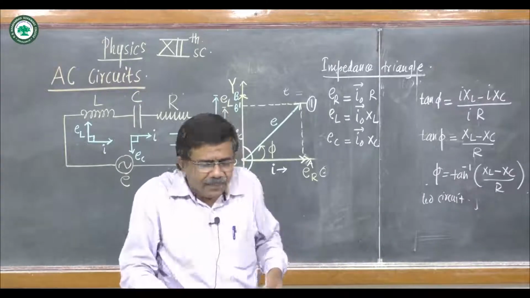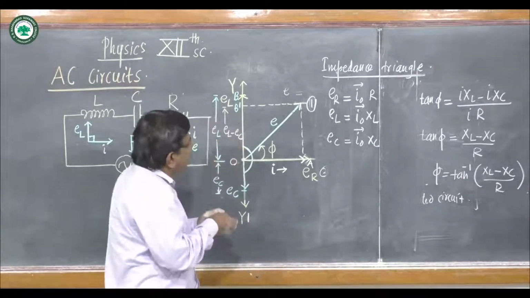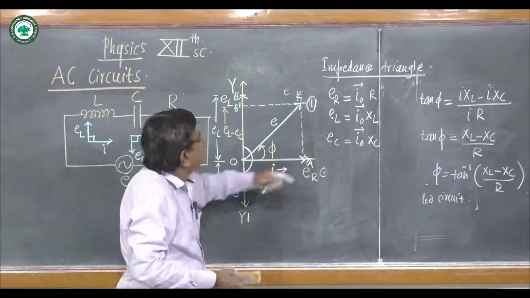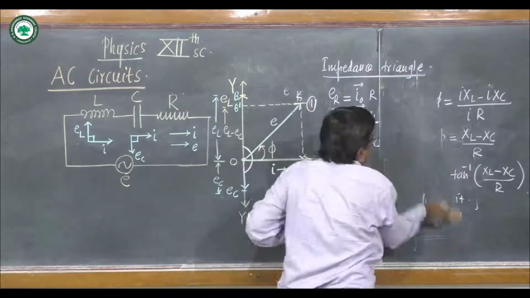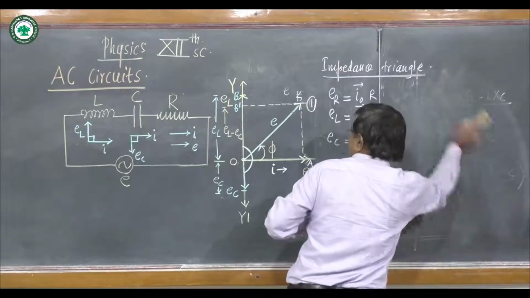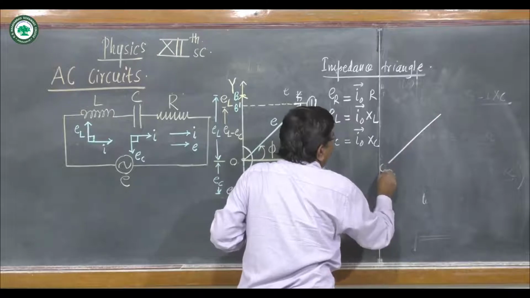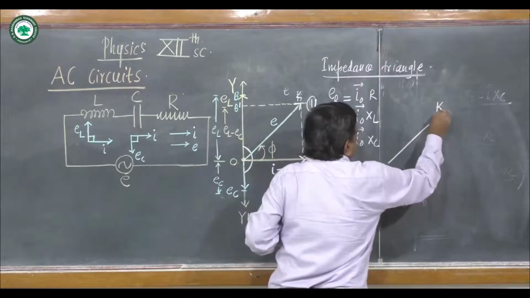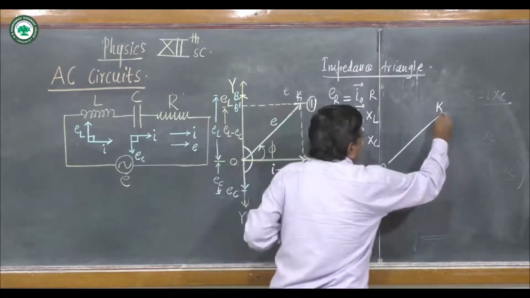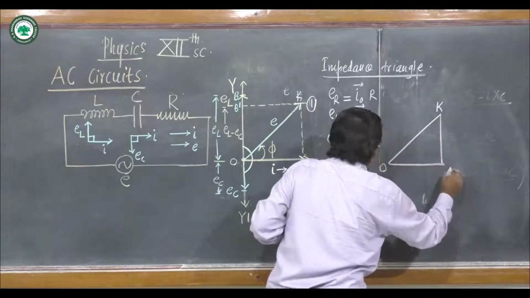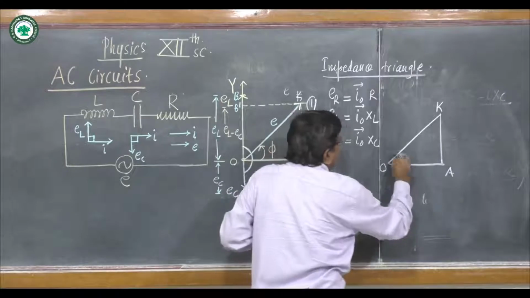If we draw the impedance triangle from this phasor diagram, we consider this triangle from the phasor diagram. Suppose this is O, K, then A, and this angle is phi.